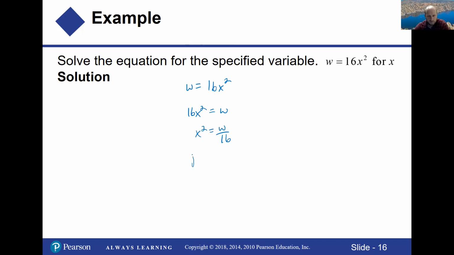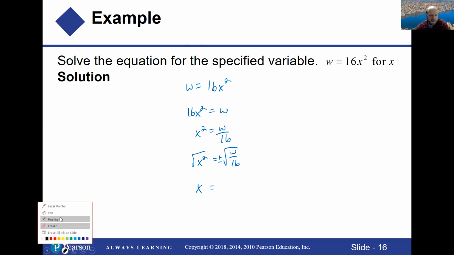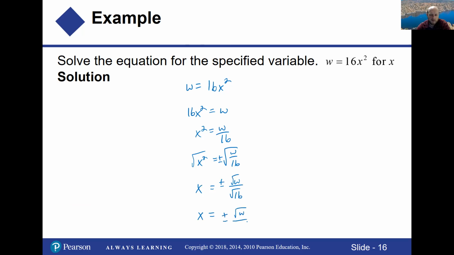Again, you're going to use your square root property. So you square root both sides. When you do that on the right, you have to still do the plus or minus. Actually, I'm missing a step here before I do that. I know what the square root of 16 is, right? So when I do this, I can actually break this up and do the square root of w divided by the square root of 16, which is equal to plus or minus the square root of w over the square root of 16, which is 4.